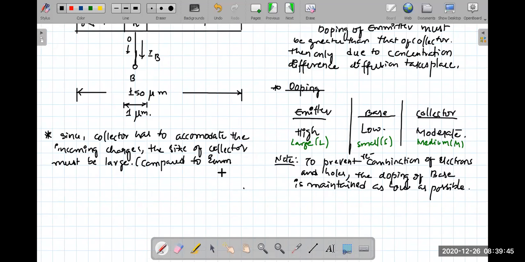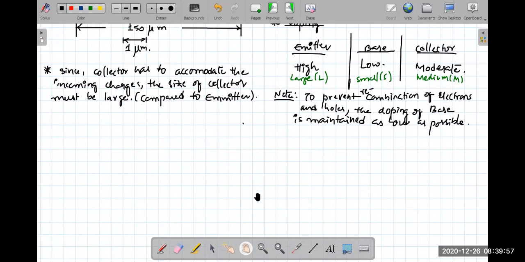Understood? The emitter is emitting the charges, but all those charges are leaving, so even if the emitter is of moderate size, it is not going to make any difference. Coming to the size or length, because the cross-sectional area is fixed, this is the emitter, base, and this is the collector.